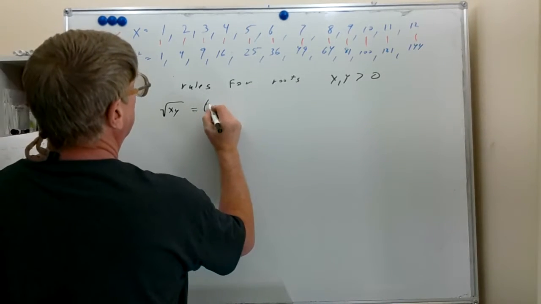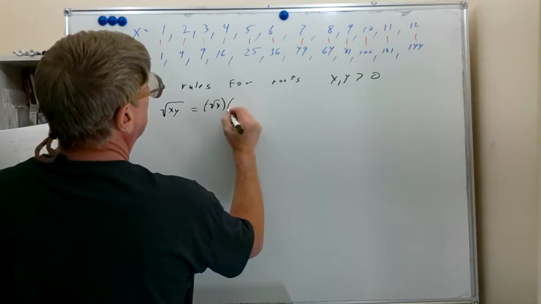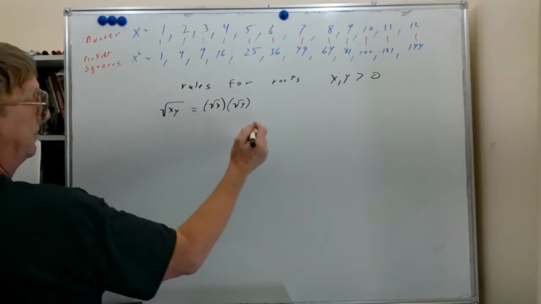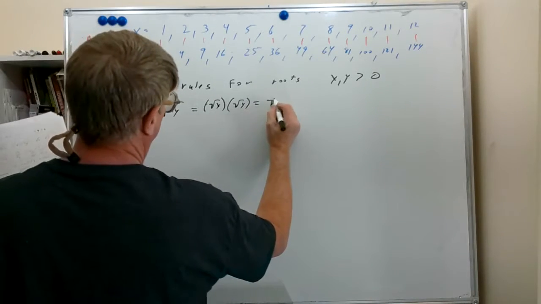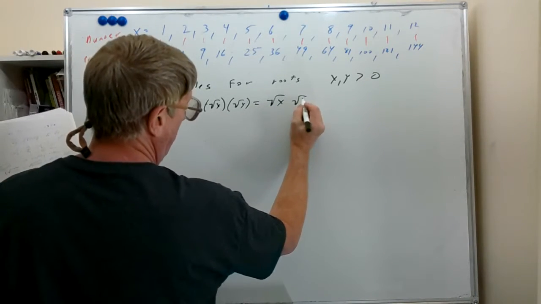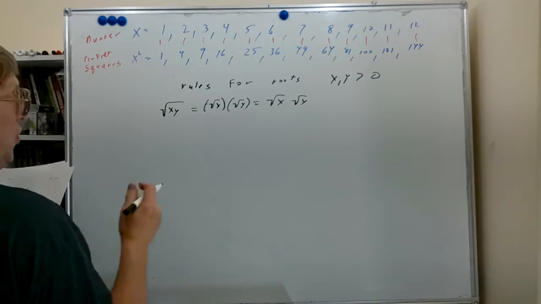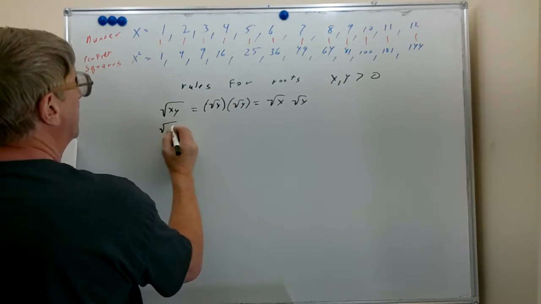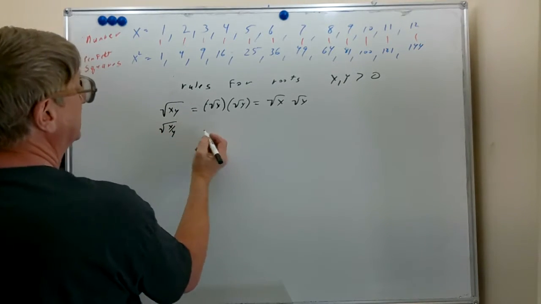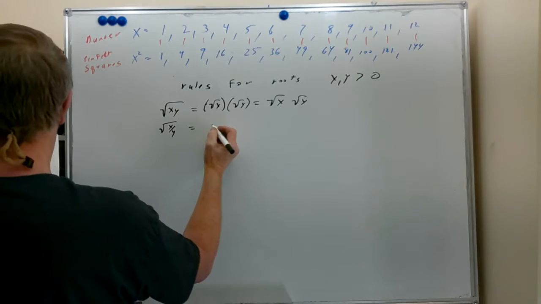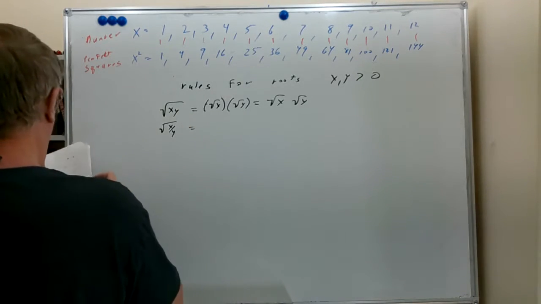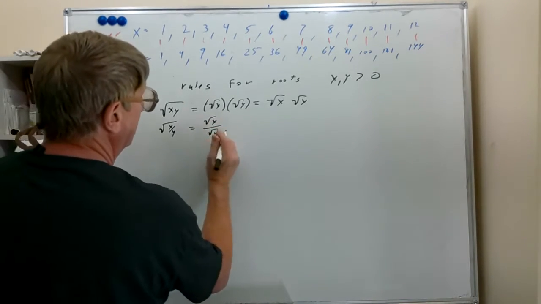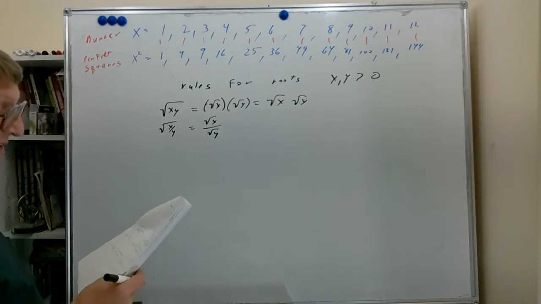We can put parentheses around the square root of x times the square root of y. So those are our two factors. Or if it's a quotient, the square root of x over y is equal to the same idea, the square root of x over the square root of y. And I think we've done some of those already. We're more formally defining it here.